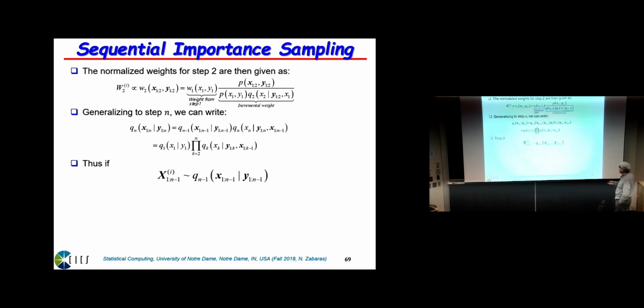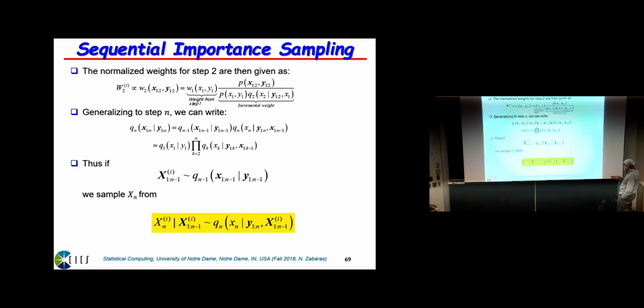And all right. So the idea is, if we had computed the representation, the particles at time n minus 1, we have various particles, then effectively we only need to sample this term Qn to move these particles forward to time n. All right?